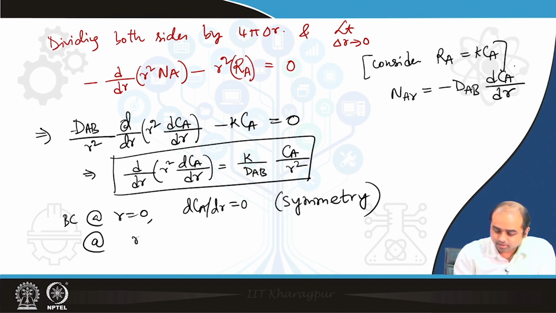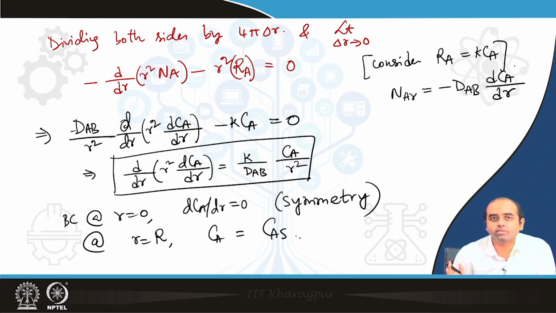And at R is equal to capital R, we can write Ca is equal to something like CAS, which is the surface concentration, and that can be equated from the packed bed reactor condition. Either you can consider continuity of the concentration, or you can also consider flux continuity at the surface. So, this is something which is coupled to the packed bed reactor calculations.